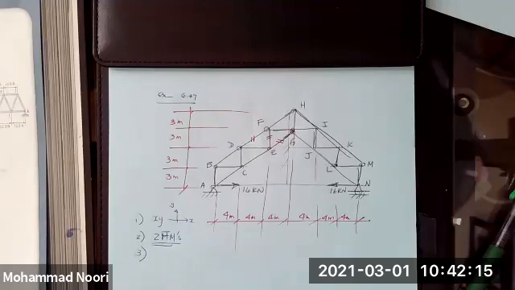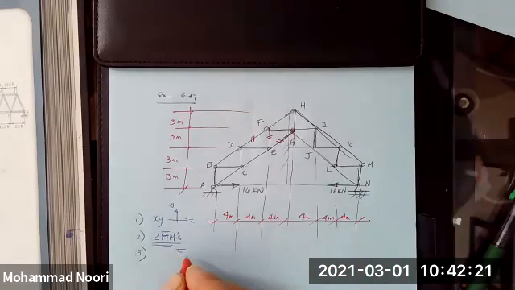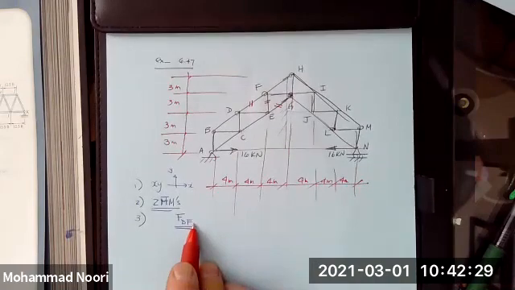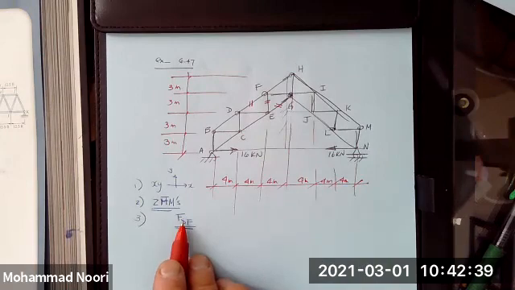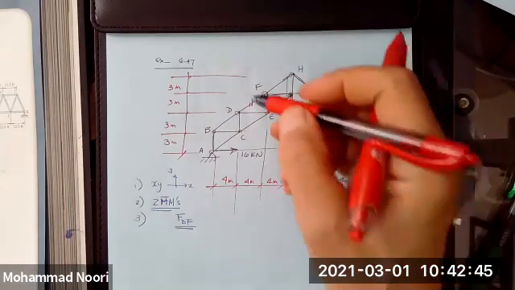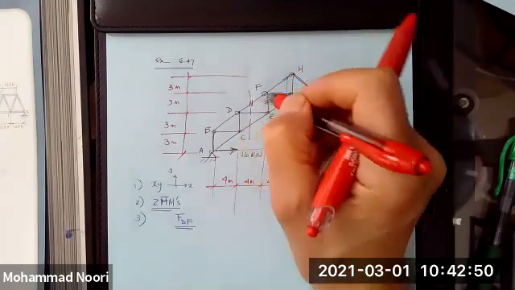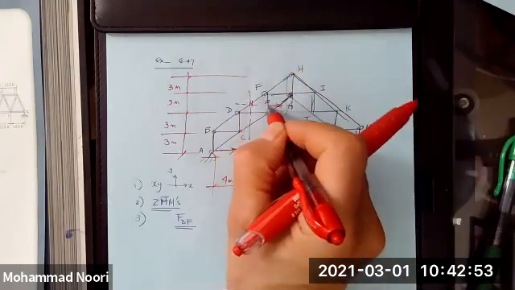Then consider the member that you want to find its force. Let's say member FD, which is the first one. Cut this member in such a way that by cutting it, you have cut the truss into 2 pieces, but that cut would include as minimum number of members as possible. So if I look at this, I can cut it like this, 1, 2, 3 members, cut it like this, 1, 2, 3.